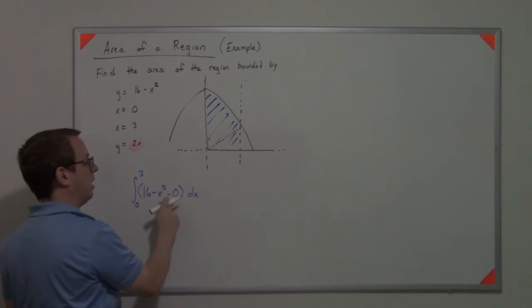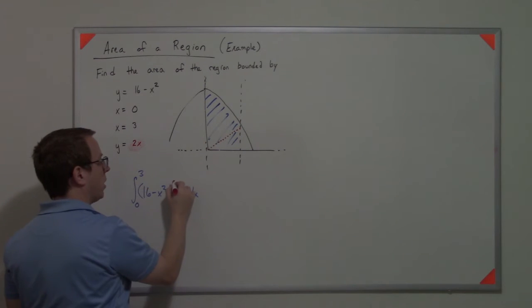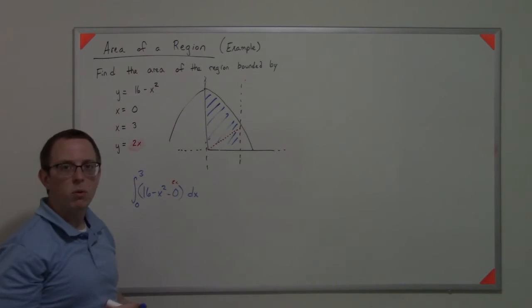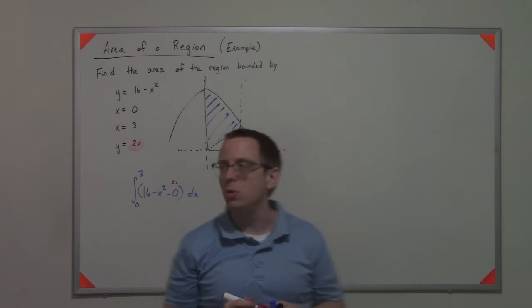So instead of it being 0 here, it would have been like that 2x there. And that would have been a separate integral, but that's how you do it.